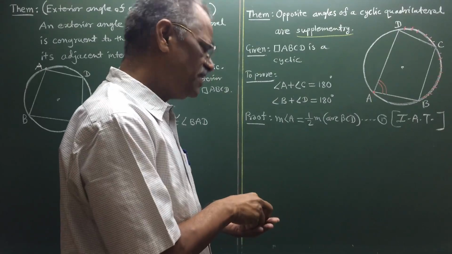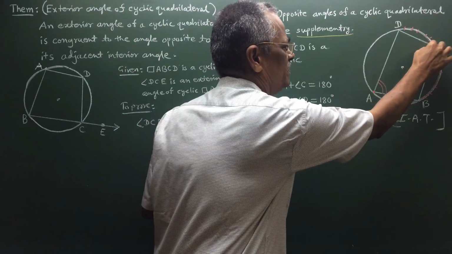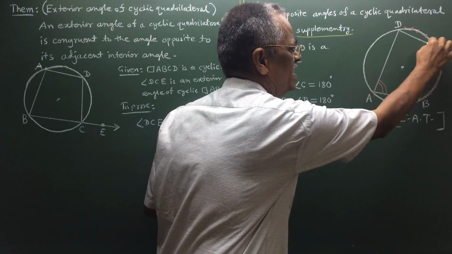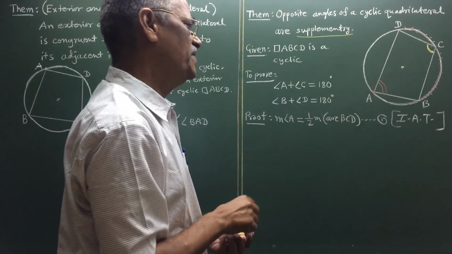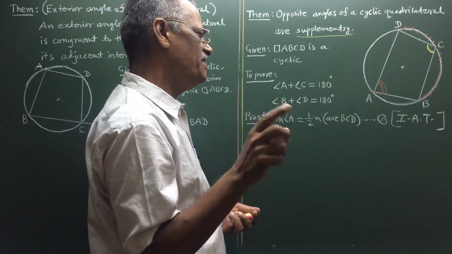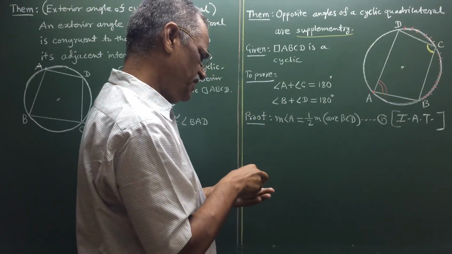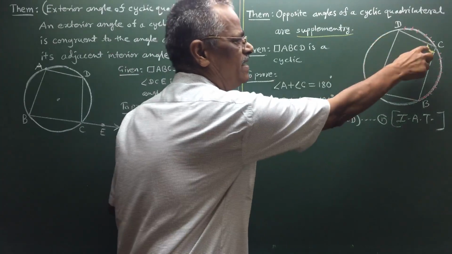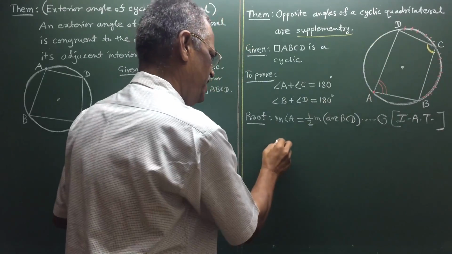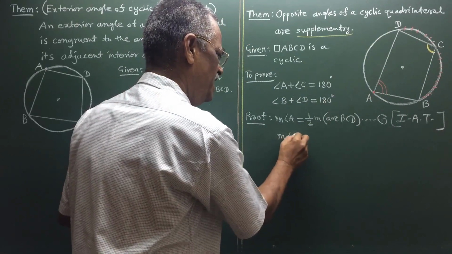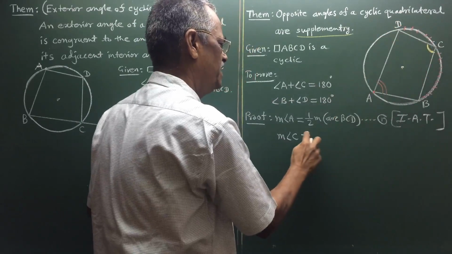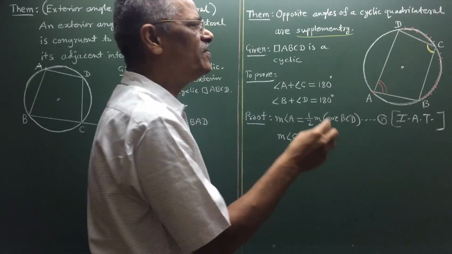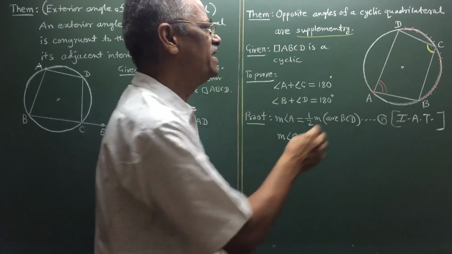Similarly, let us find out the measure of angle BCD. So, again it is inscribed angle. Measure of angle C, we are using that BCD is angle C. And what about the intersected arc there?